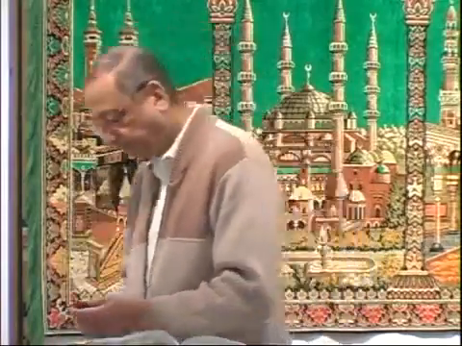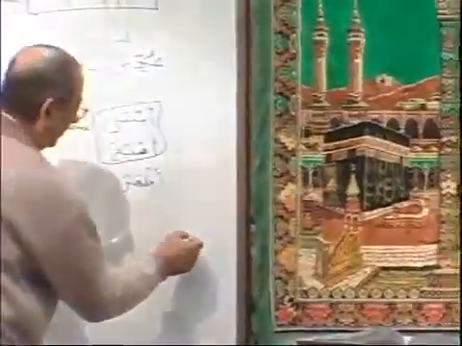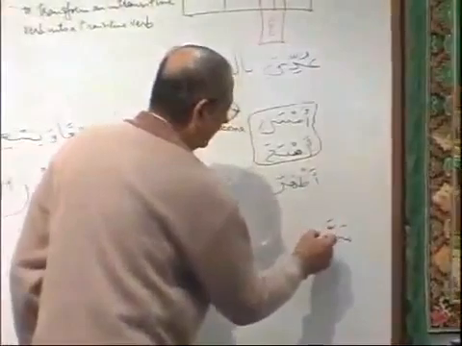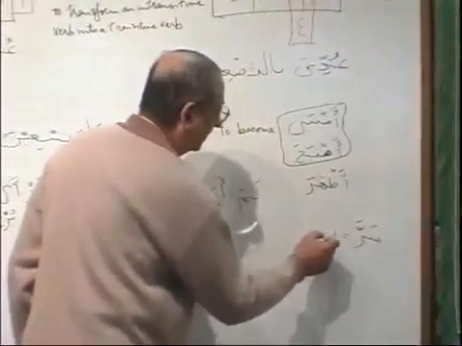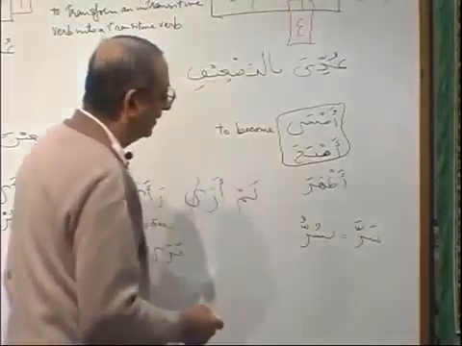Yeah, that's correct, sister. So yusarru. What is yusarru? This is majhul. What is the verb? Sarra is the lil ma'lum, brother. Look at it. Sarra ya surru. Are you with me?